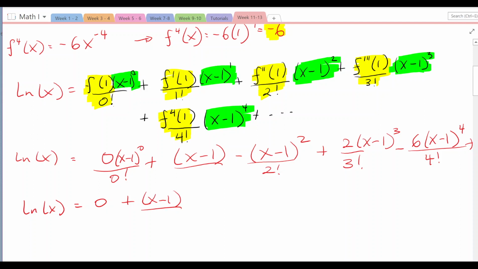If you like, this is to make it consistent. Okay, 1 factorial is simply 1, just write down 1, or just leave it factorial, doesn't matter, minus x minus 1 squared divided by 2 factorial. Okay, this is 0 factorial by the way, and then positive 2 divided by 3 factorial. I'm going to leave it as 3 factorial.